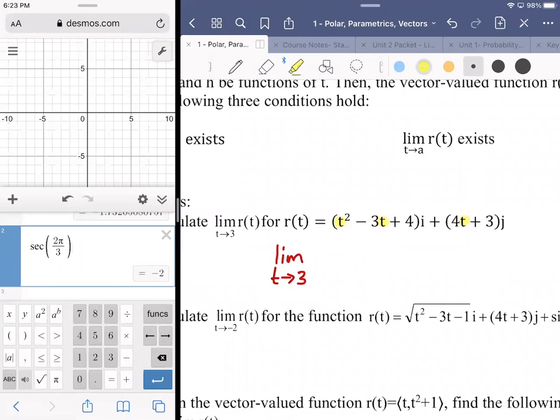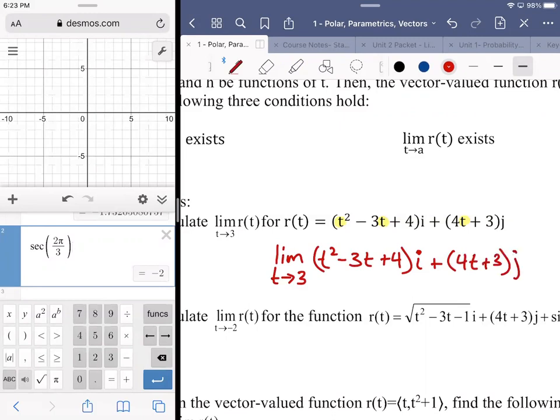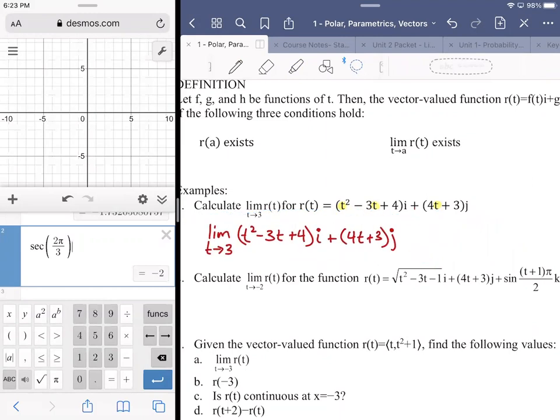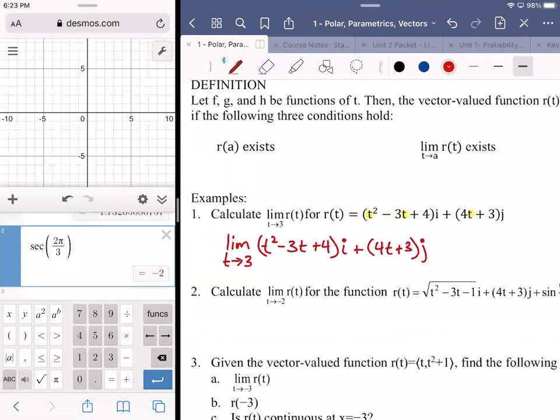All right. So it really just ends up being a matter of taking this value of t approaching 3 and replacing all my t's. So my t squared minus 3t plus 4 i plus 4t plus 3 j. And because this one is in, I'm sorry, I keep saying multiple variables, I mean multiple dimensions, because this one's in 2 dimensions, you could actually use Desmos and the parametric functions on there.